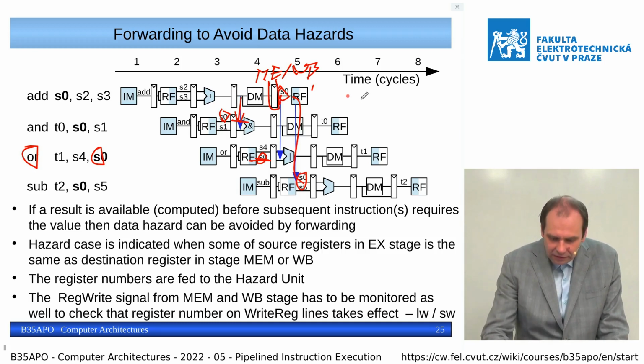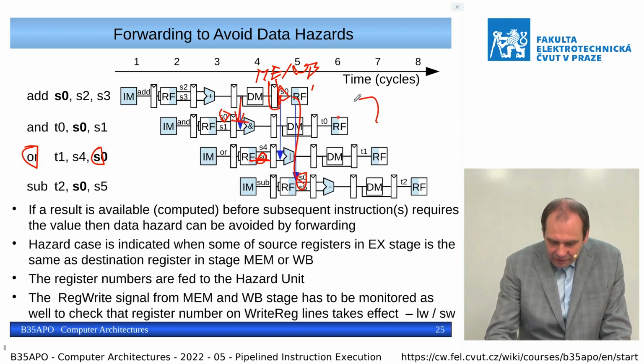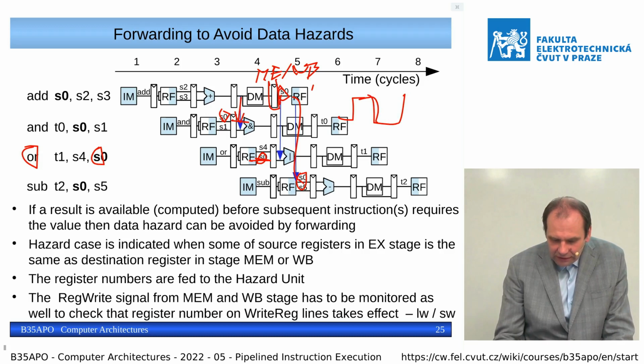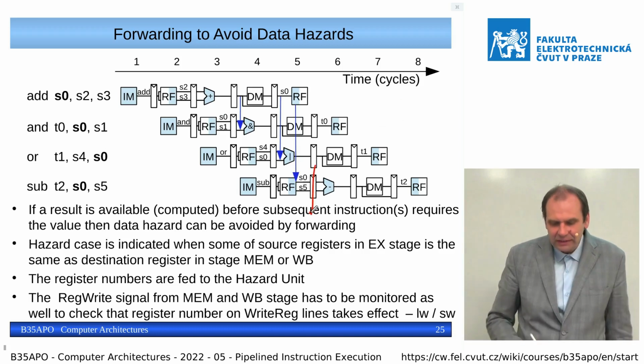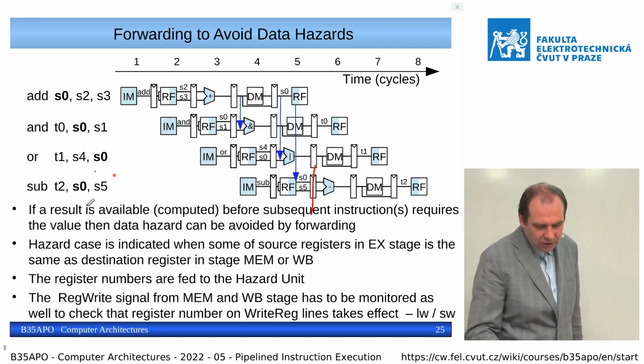So basically in the first half of the cycle we write, and the second half of the cycle is available to propagate the new value to the result here. So in this case, we have no problem. So this instruction has no problem.